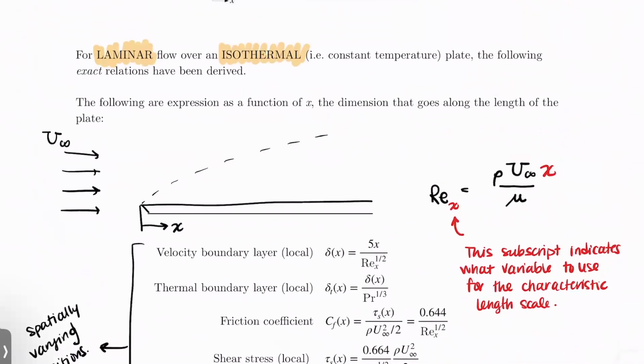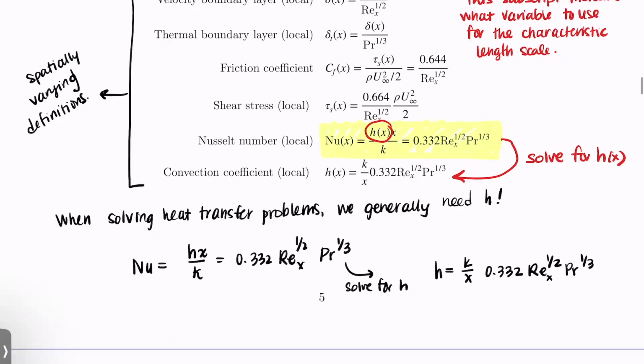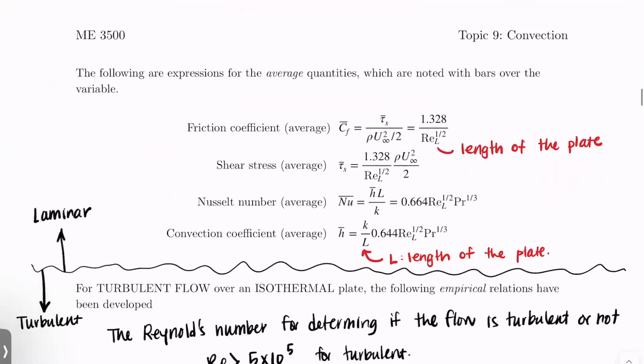Do we need bulk or varying properties, do we think? Yes. So we are going to use this one here. We want to find H, so we're going to use that.